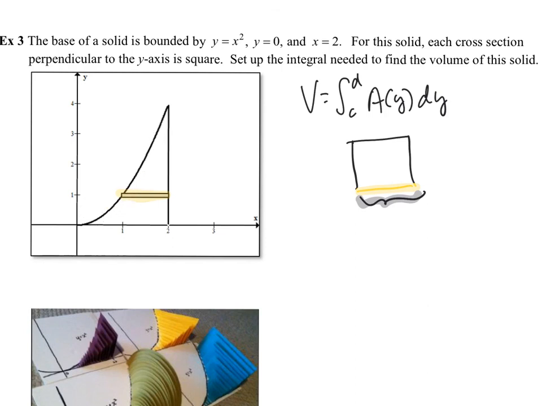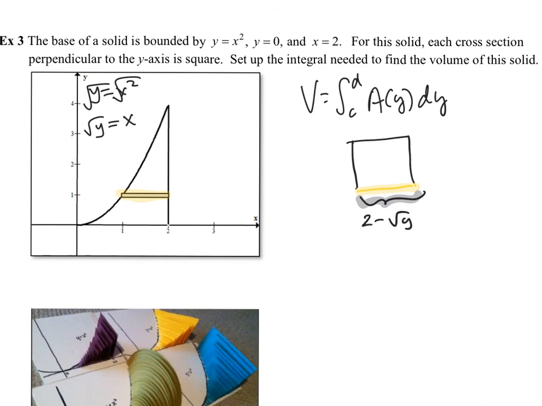So let's take that y equals x squared and solve it for x. We would do that by taking the square root of both sides. So x is equal to the square root of y. We don't need the plus or minus this time because we're just looking at this part of the function. Okay, so that means that this yellow measure right here is 2 minus the square root of y.